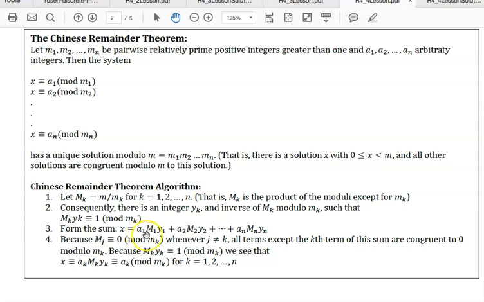The sum consists of the products of the Ak's, Mk's, and Yk's for each of the equations. Basically this x might turn out to be a number larger than the product of the moduli, so we're going to simplify it so it becomes smaller. We want the smallest positive answer possible.